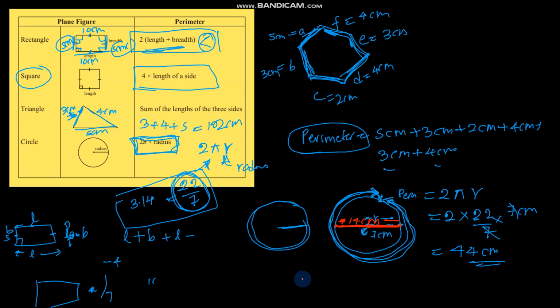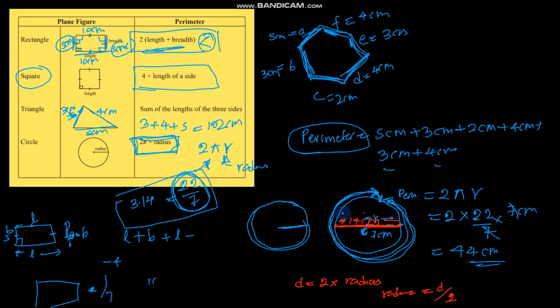We know for a fact that diameter is equivalent to twice the size of the radius. So you have to remember that the radius is equivalent to the diameter divided by 2.